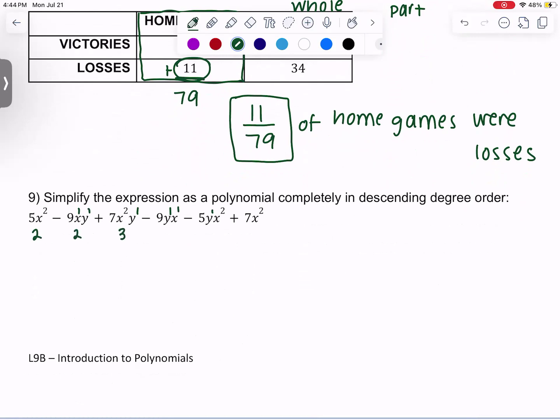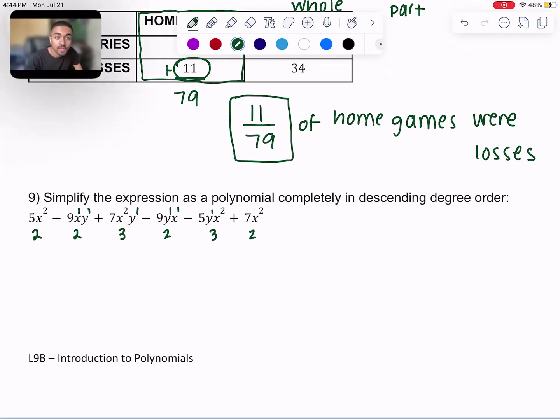This has a degree of 3, 2, 3, 2. So let's look at those degree of 3 terms first. 7x squared y to the first and 5y to the first x squared. These have the same exponents on their variables, so they are like terms.